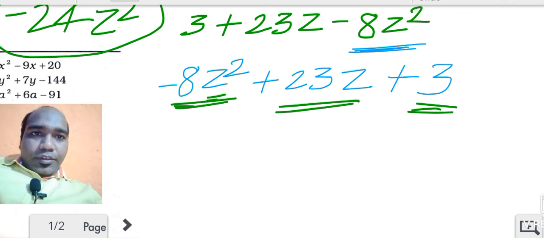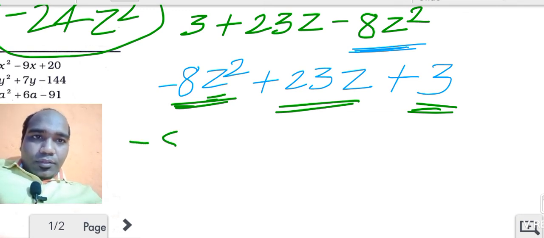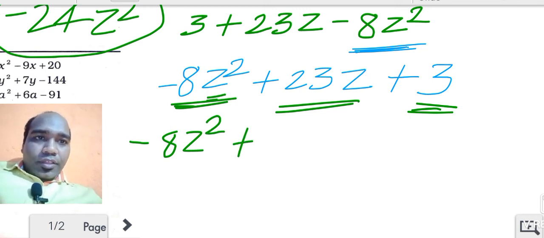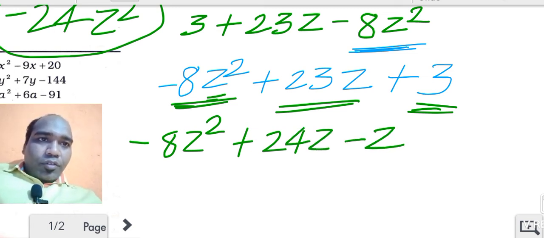So we'll write it as minus 8z square, and this 23z we will split in the form of 24z minus z. 24z minus z will give 23z.